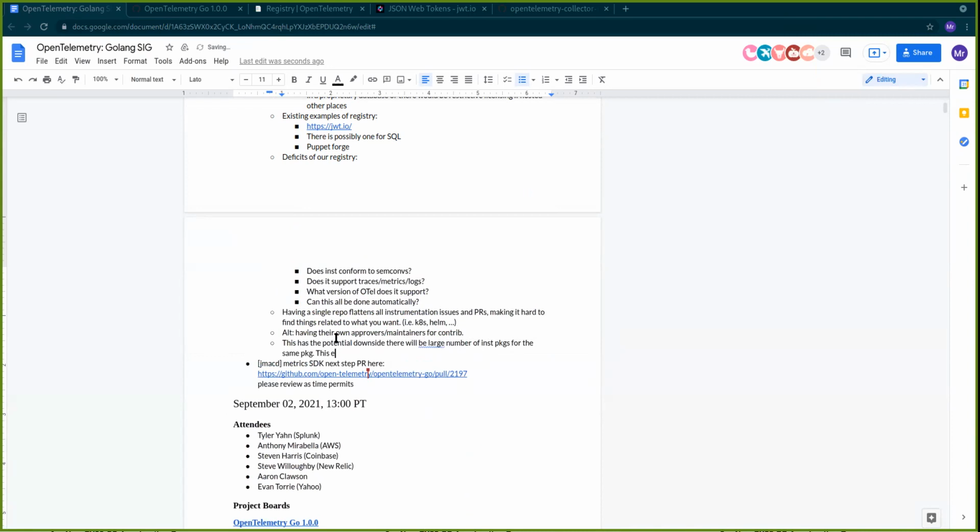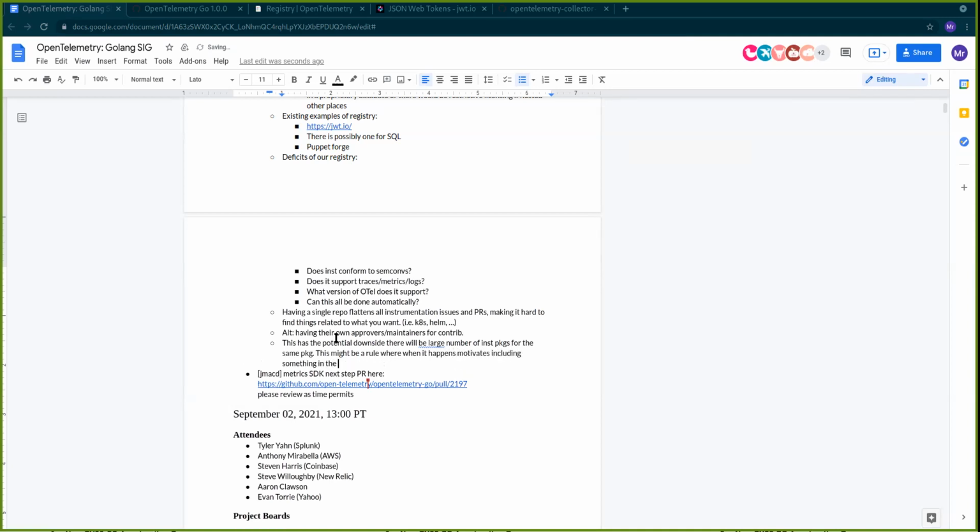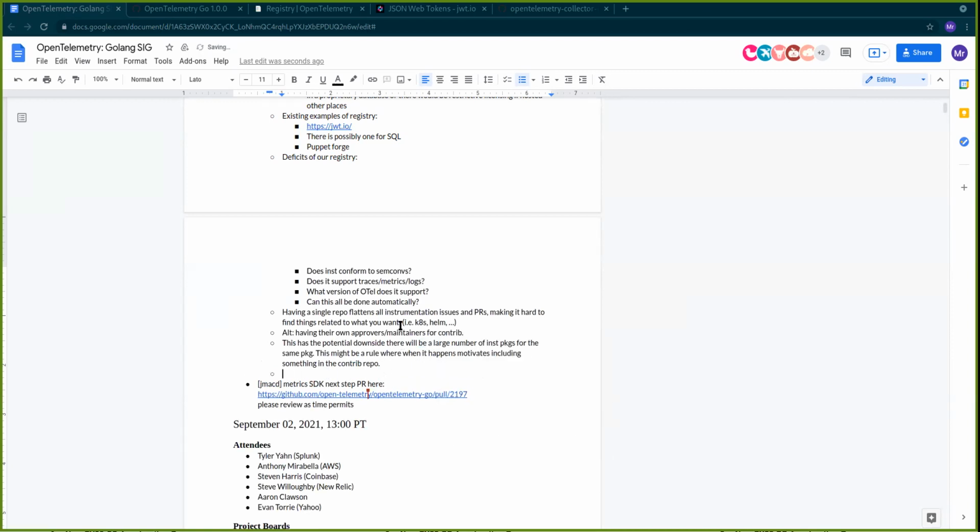So perhaps saying we're going to pause on accepting new things into contrib for now until we have stability through traces and metrics and logs. And then at that point, we can look at what the community has coalesced around in terms of instrumentation for libraries, or where there is a feature split that we think having something in contrib could provide a place for everything to coalesce around a single implementation of instrumentation could be useful.